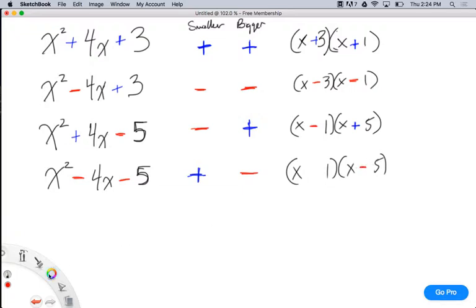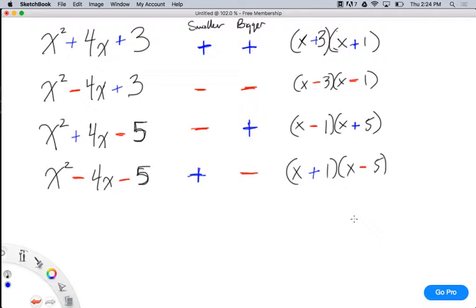Now, let me demystify that because it seems like this uncrackable code. It's really not. Okay? The bigger factor always follows this sign. The bigger factor always follows the first sign. Simple as that.